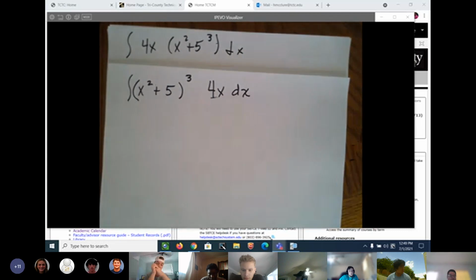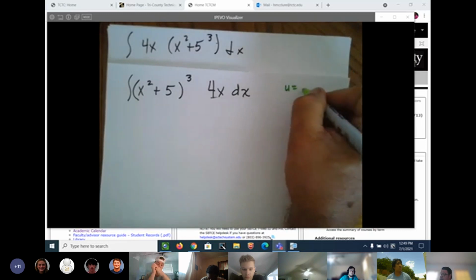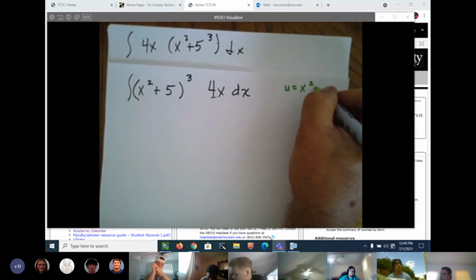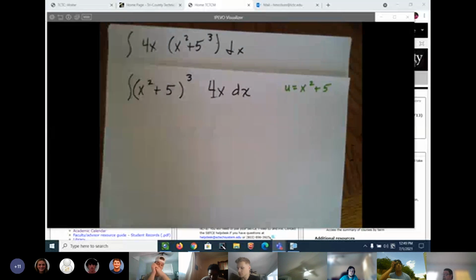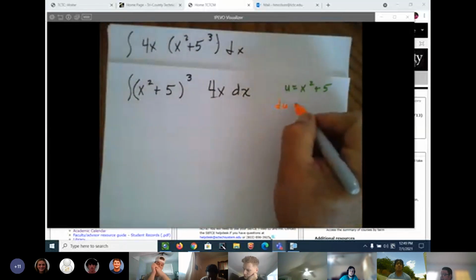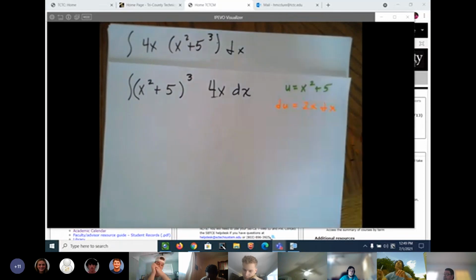So I'm going to go over here and I'm going to say u is equal to x squared plus 5. du is equal to 2x dx. Do we have 2x dx?